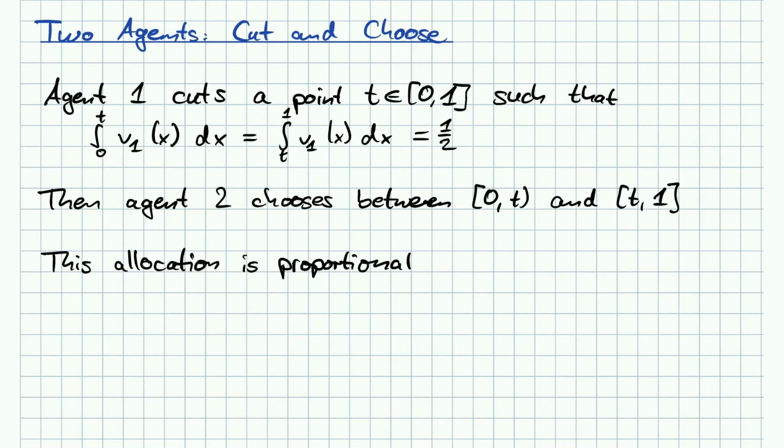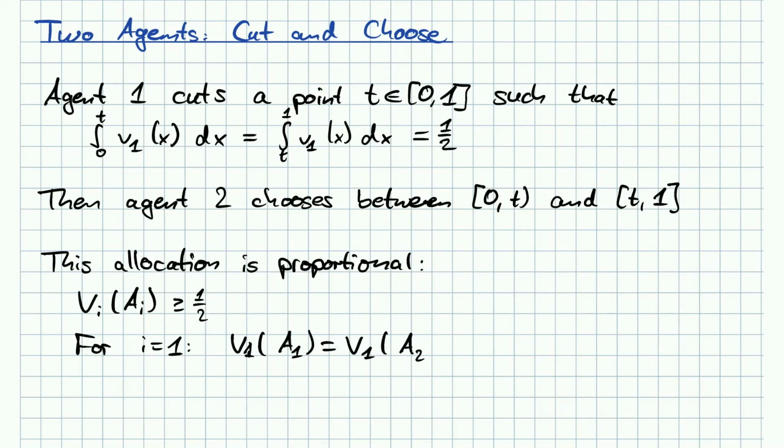Why that? What did this mean to begin with? We would now need that every agent values what they're getting by at least a half. Why is this true for agent 1? For agent 1, we'll have that agent 1 actually does not care which of the two pieces they're getting.